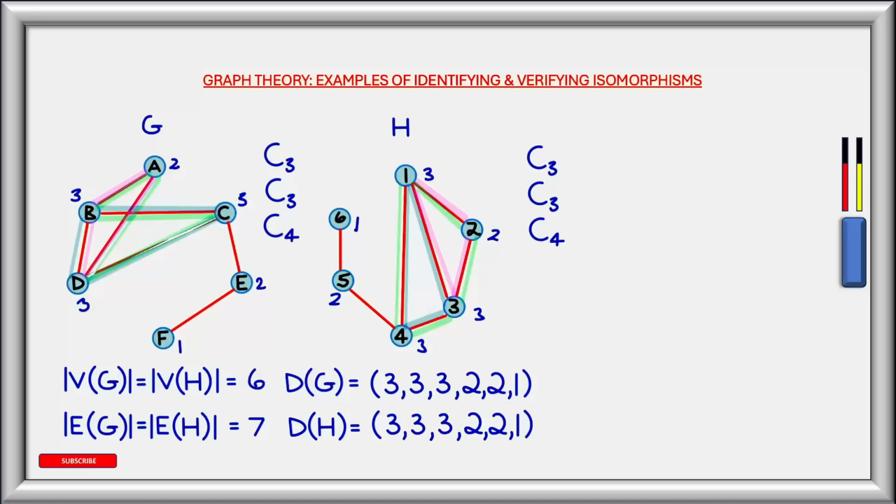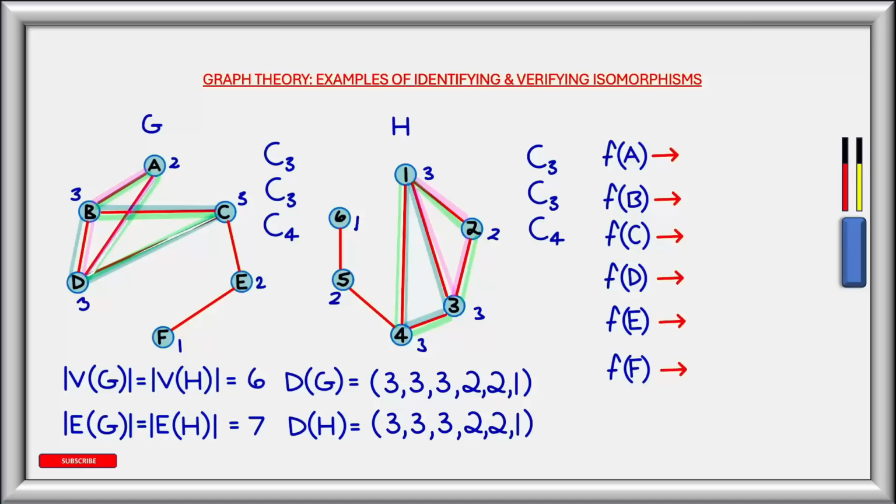And the final part is to map the vertices of graph G to the vertices of graph H via their edges. So we can see in graph G that vertex F has one edge, and in graph H, vertex 6 also has one edge. And these are the only 2 vertices in each graph that have one edge.